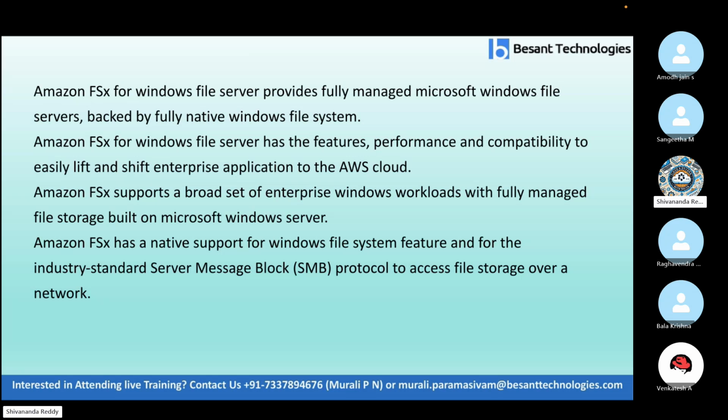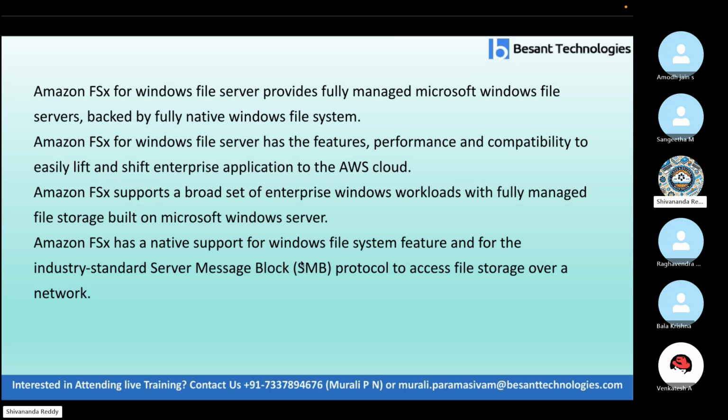Lift and shift is nothing but an application which is running on your Windows server, you can shift that server and put it on an AWS Cloud Windows server. Right now it's running in a data center Windows server, but you can lift that to an AWS Cloud Windows server.